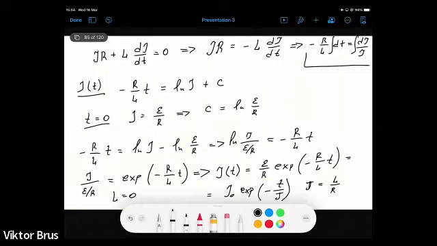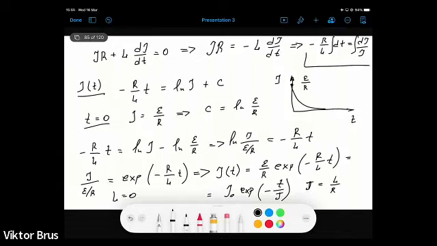However, since we have this inductance L there, if we look at this plot of current versus time, it will be some exponentially decaying function. Again, it will go from the maximum value defined by this stationary condition, electromotive force divided by resistance.